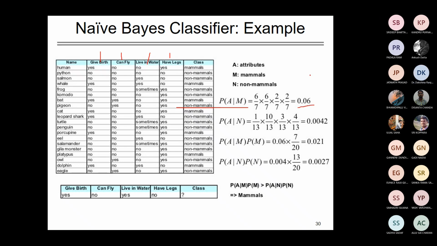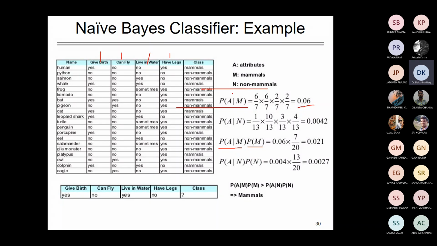Similarly we can get it for non-mammals, which will give us the value 0.0042, and for the mammal class we got 0.06. Now we will take the multiplication of this estimation.